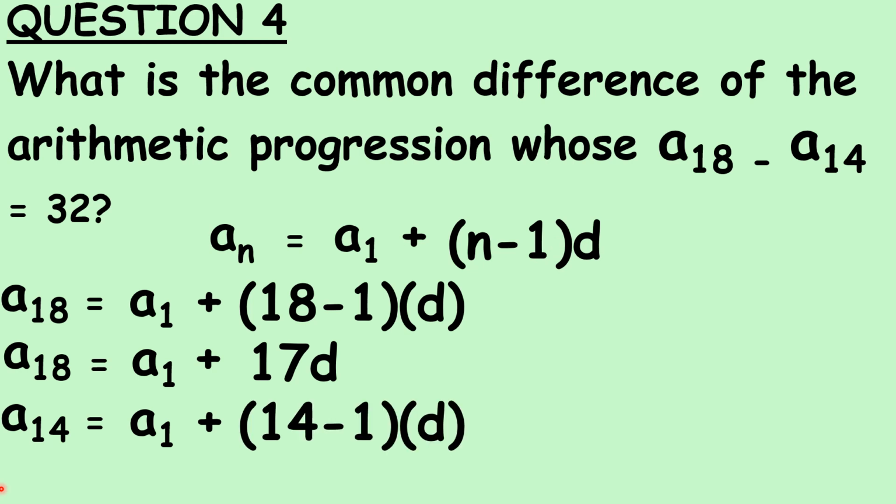So at the end of the day, we'll have A14, which is A1 plus 13d. So we have expressed and simplified A18 as A1 plus 17d, and we have also expressed A14, that is the 14th term, as A1 plus 13d.